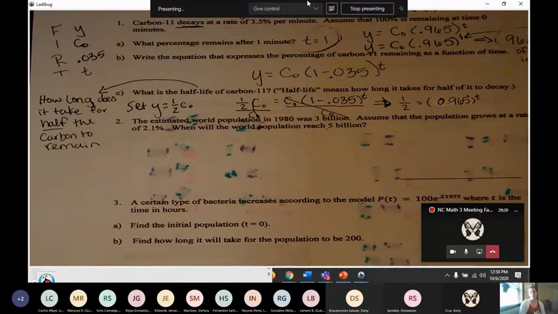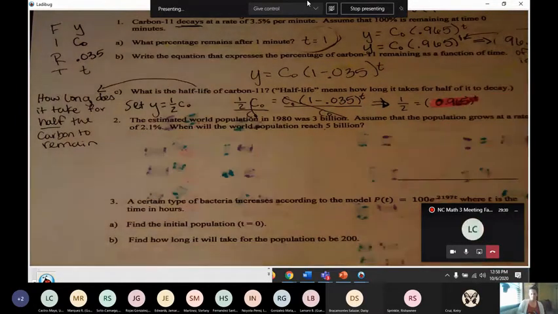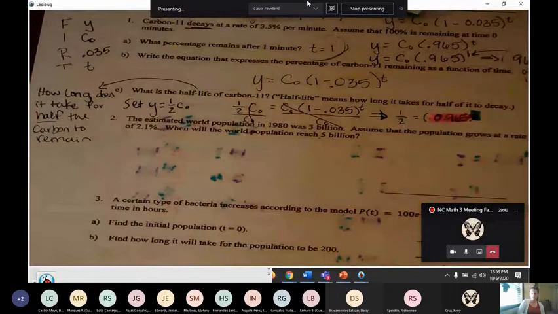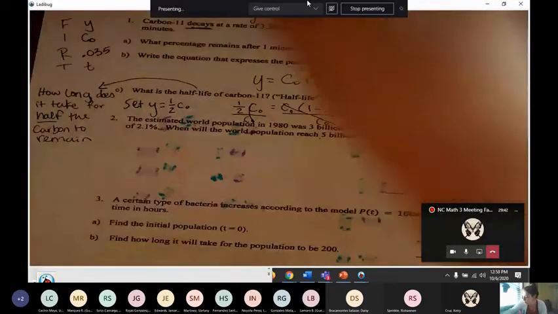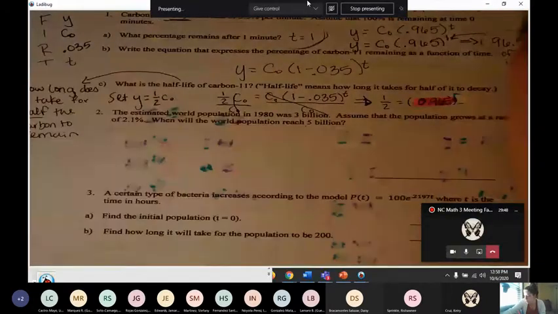If you used highlighters with me yesterday, I'm going to use highlighters again. I believe I used pink for my base, and blue is my exponent, so my T. I have T right here.